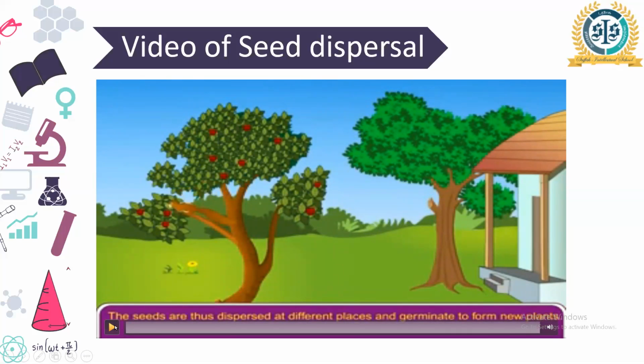Yes. So, did you enjoy the video? I hope now you have a better understanding of how seeds are dispersed through different methods. Before giving you today's work, let's recap today's lecture. Today we have revised our previous lecture. Like I told you, what is the life cycle of a plant?